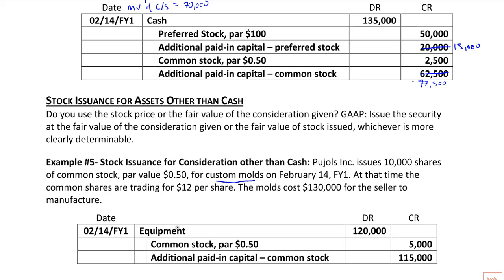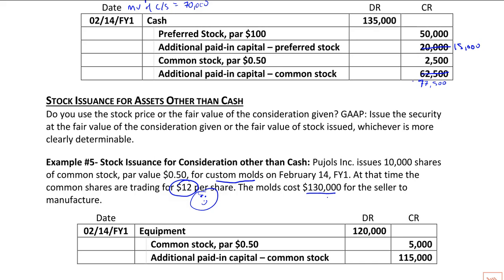The common shares are trading for 12. Any shares traded in an active market, so trading today, that's a great price. I'll put the smiley face on that one. That's looking good. The molds cost $130,000. Cost doesn't mean anything, especially cost to manufacture. That is not a market price.